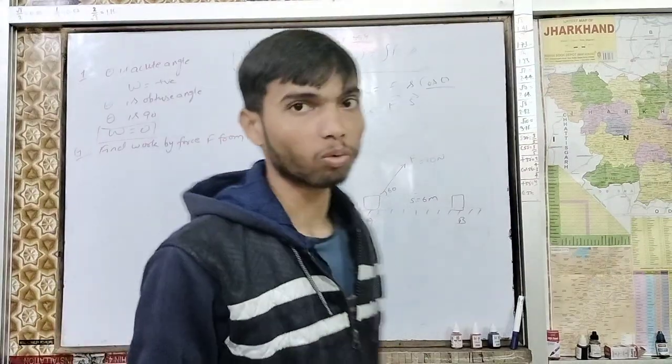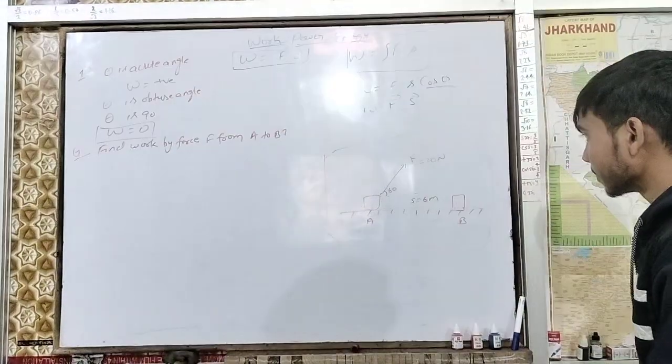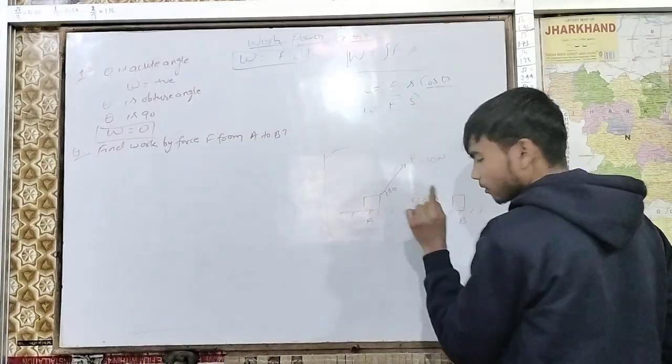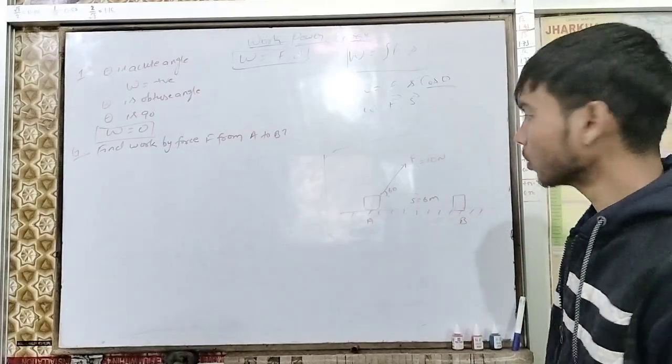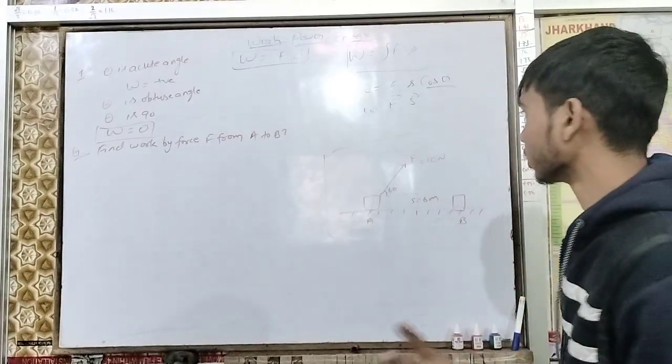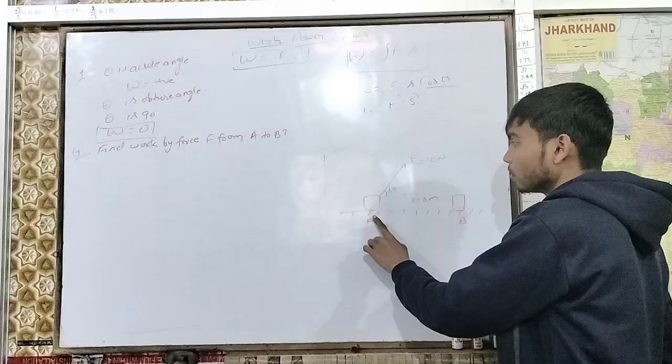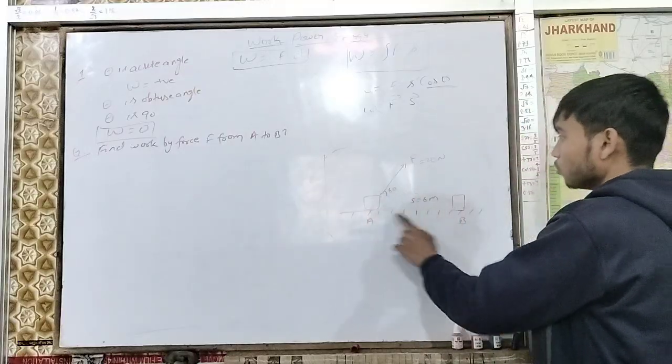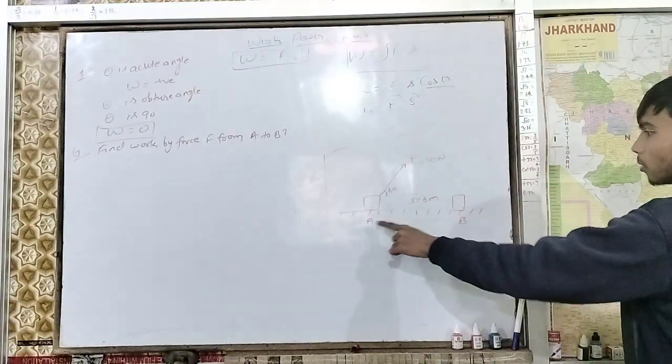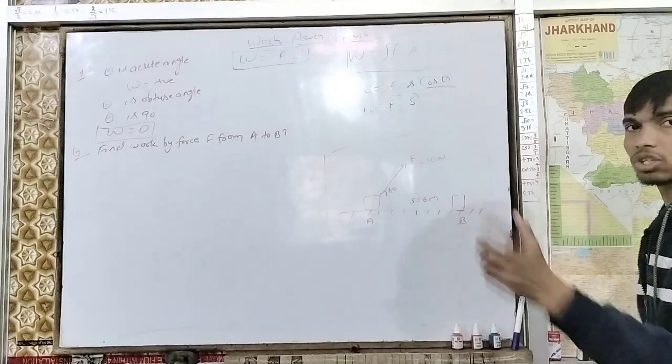Then you will understand what the equation is saying. We have only one body. Right now in this figure, only one body, not two bodies. So a body which displaced from here to here, from A to B, by covering 6 meter distance.